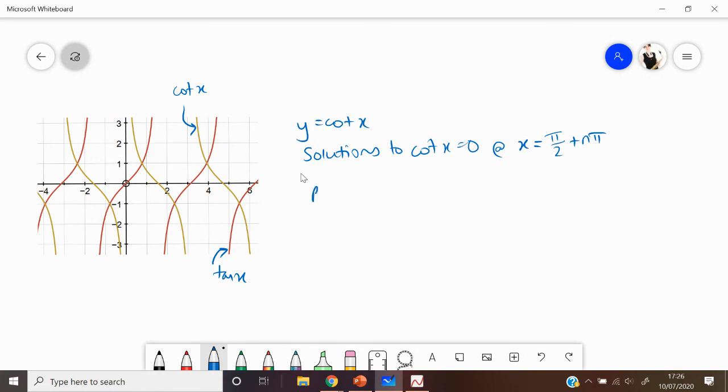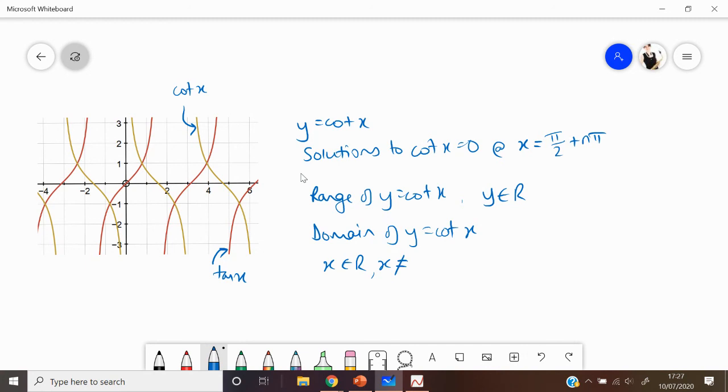And we have that the range of y equals cot x is that y can be any real number. Okay, and the domain of y equals cot x, we have that x can be any real number except that x cannot be any multiple of pi.